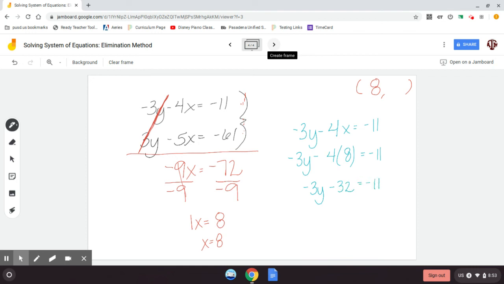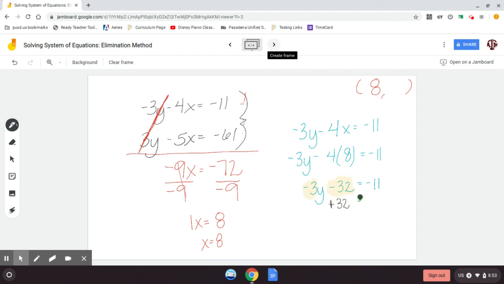I need the y to be by itself, but right now this negative 3 is still there, and this minus 32 is still there. So we need to get rid of them. I'm going to get rid of what is not touching the y first, so the constant. It's a negative 32. To get rid of it, I do the opposite, which is adding 32.